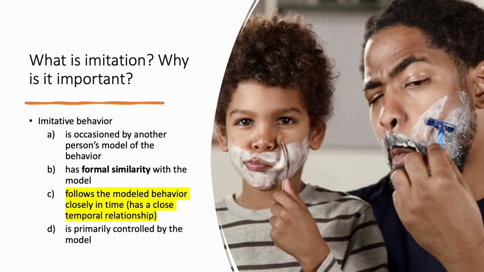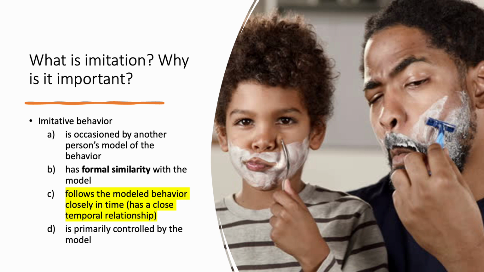behavior is too long. And so it's difficult to know whether the control is coming from the model itself or if it's something else that happened in between the time in which the behavior was modeled and the behavior occurred. Okay, there could have been someone that gave an instruction. There could have been a lot of different contingencies at play.